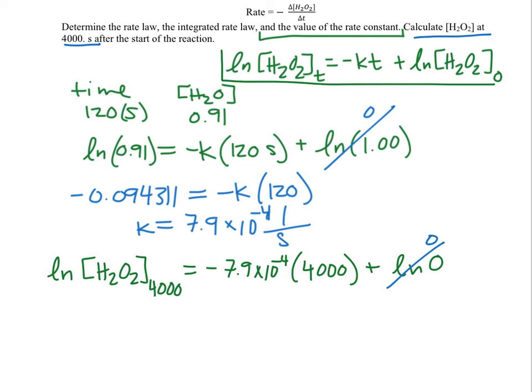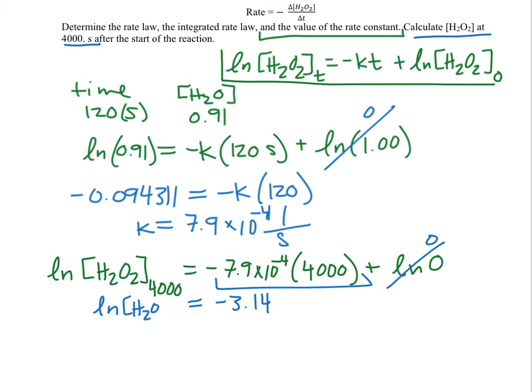Now we'll just do a little bit of calculation. These two numbers multiplied together equal about negative 3.14. Hey, that's kind of fun. It's pi.